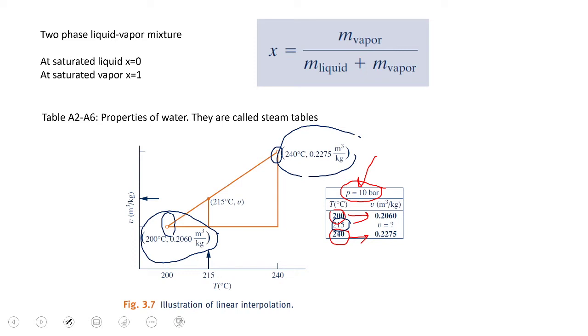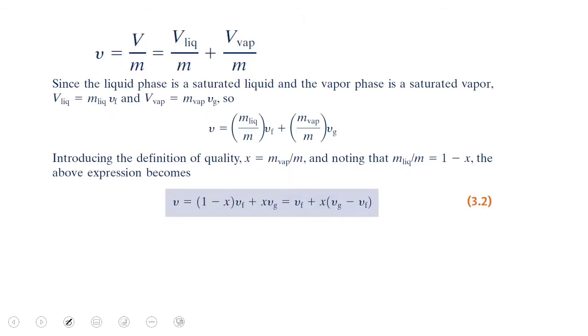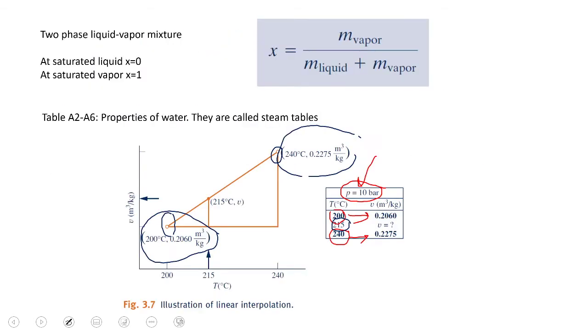If we assume linear between the 2 points, we will be able to do it. In the next class, we would derive how to derive this formula.